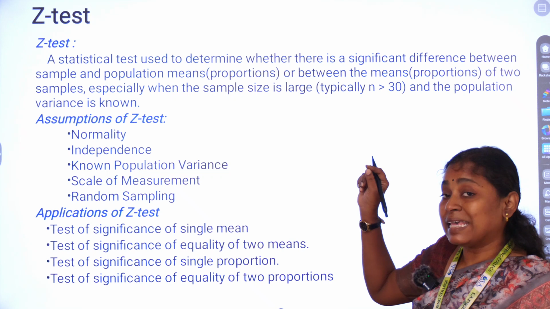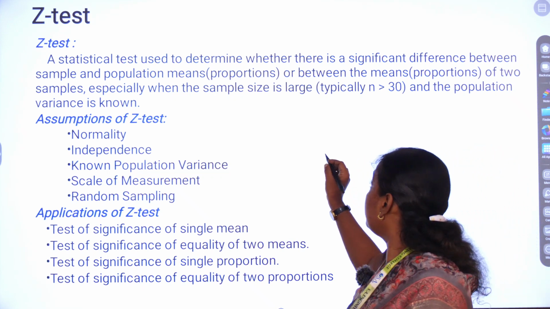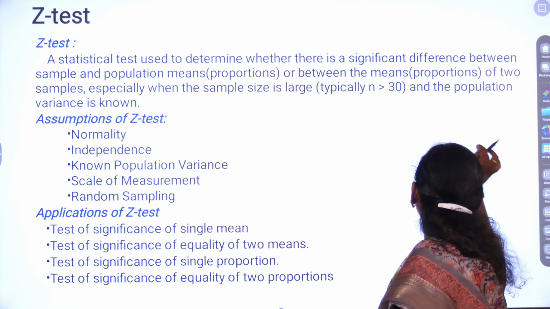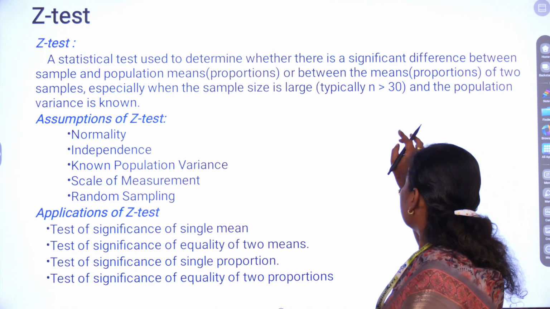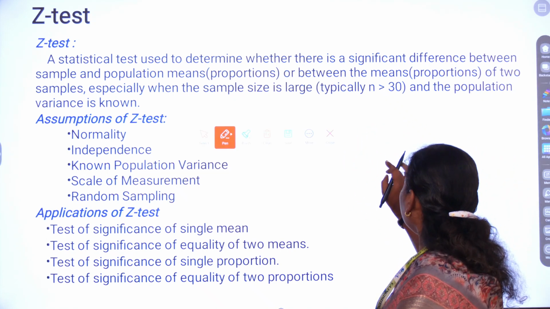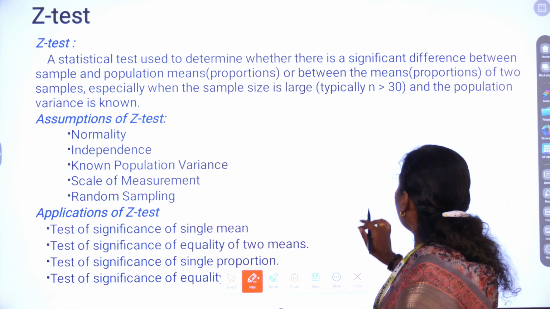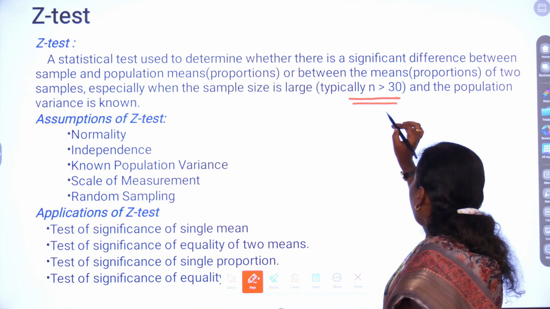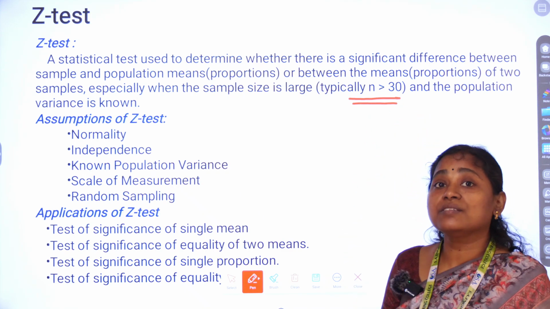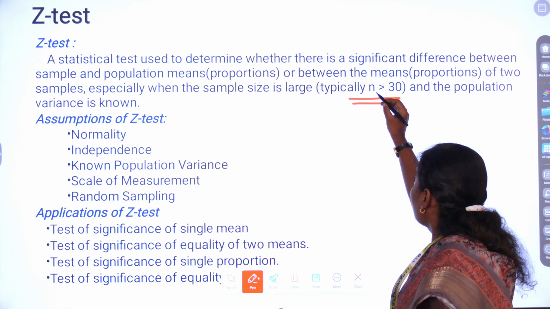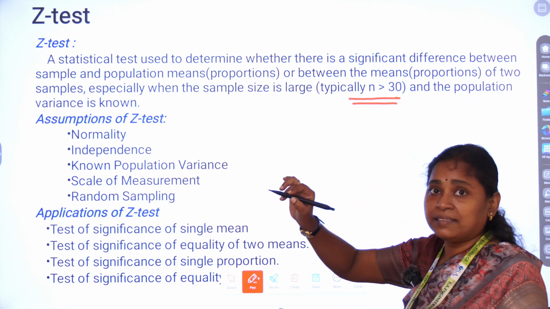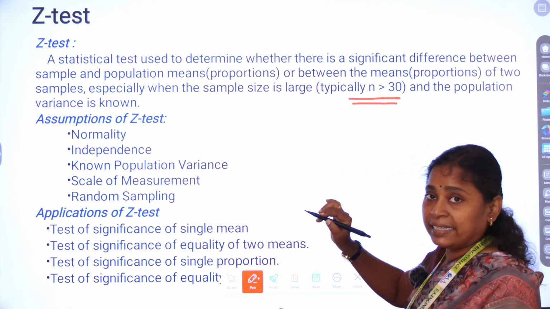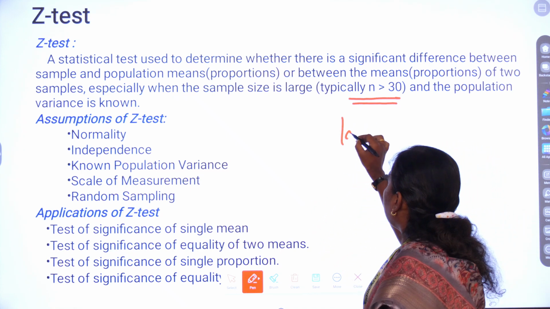Especially if the sample size is greater than 30, a very important point to be noted, and the population variance is known. Because of this sample size greater than 30, we call Z-test a large sample test.